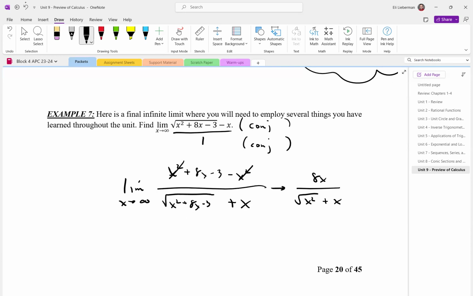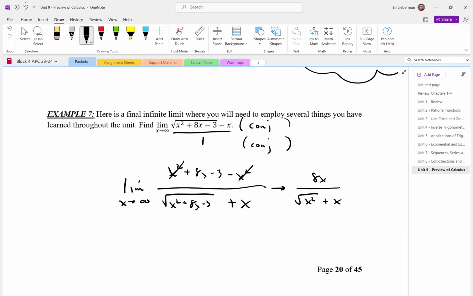So I keep it. I got rid of these because these are lesser degree than this. But square root of x squared is x. So I'm not going to get rid of this because they're the same degree. So x stays.